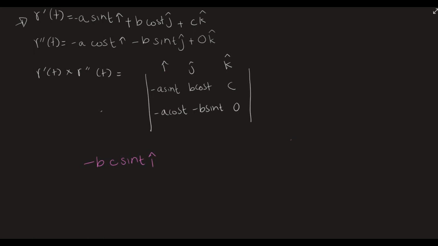Remember the signs are plus, minus, and plus. So the next one is going to be negative. Here we cross out the second column and the first row. We multiply this times this, and then negative this times this.